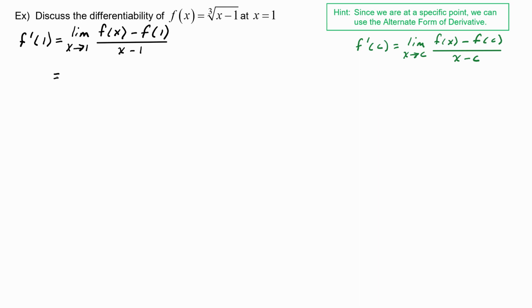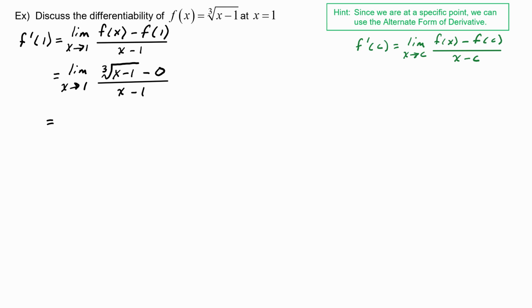So that's going to be the limit as x goes to 1 of the cube root of x minus 1 minus f of 1. If we plug in 1, we get 0 over x minus 1.